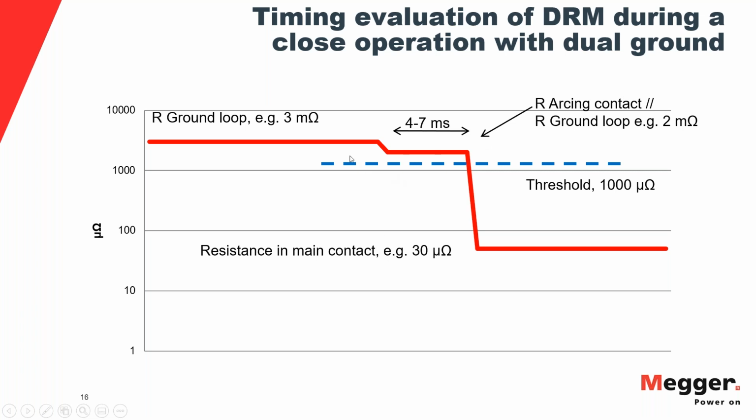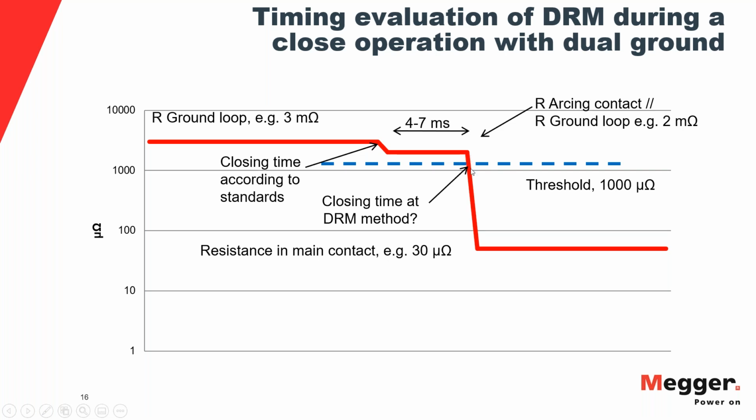Then the step down here is very low, and then it's relatively easy to see when the contact closes. However, in the standard, the closing time is referred to as when the first metal contact touch appears, which is actually this point, not this point, which is very easy to detect.